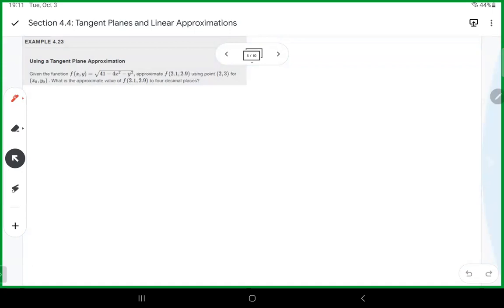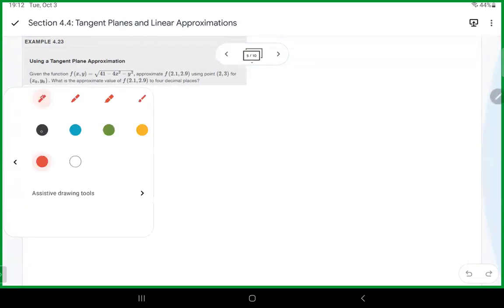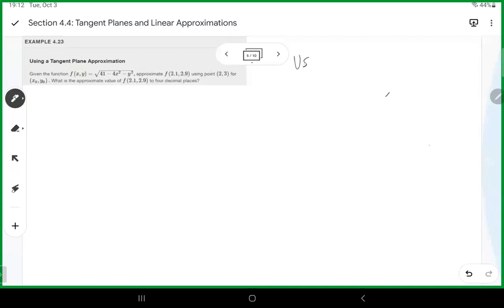All right, using a tangent plane approximation, given the function, approximate using the following points. What is the approximate value to 4 decimal places? So we're going to use equation 4.25.